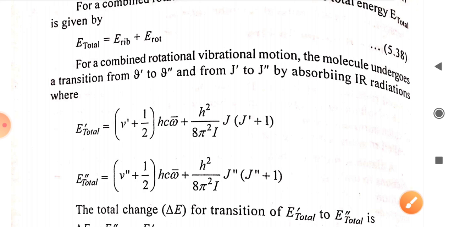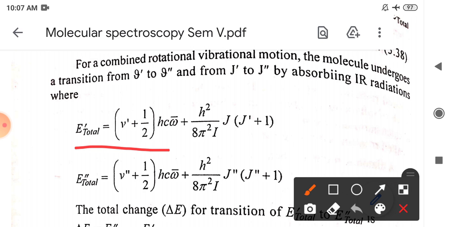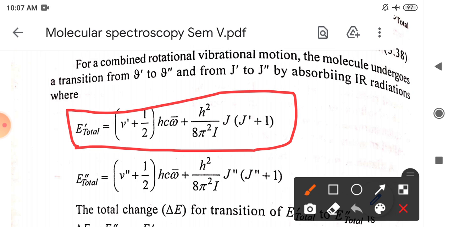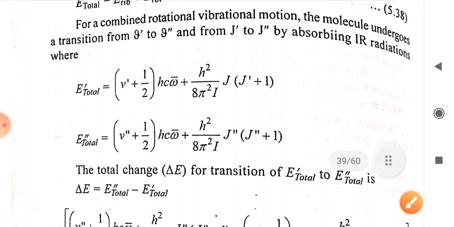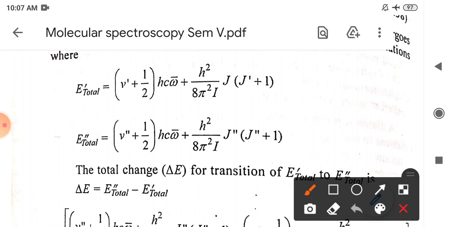So we write the two equations, for the lower energy, E dash total is equal to (V dash plus 1/2) hc omega bar plus h squared upon 8 pi squared I into J dash into (J dash plus 1), and similarly E double dash total is (V double dash plus 1/2) hc omega bar plus h squared upon 8 pi squared I into J double dash into (J double dash plus 1).